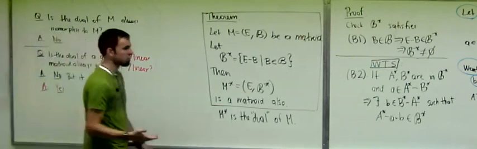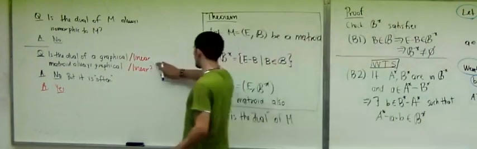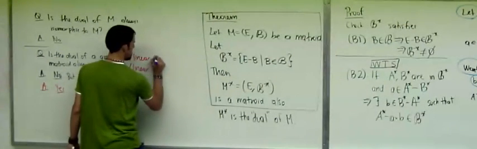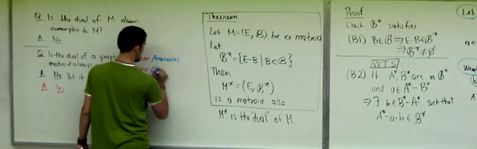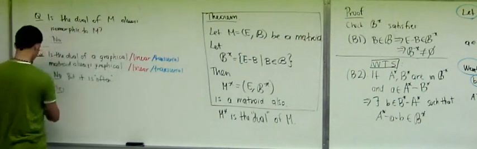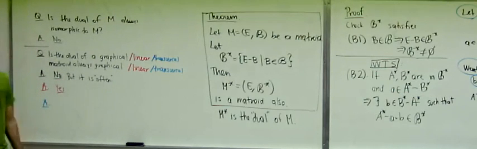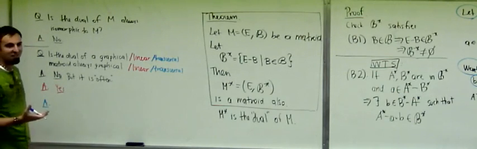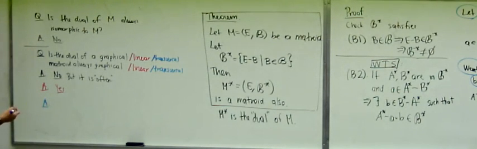So a third question you could ask, which is that, remember this matroid is also transversal. So what about that? Is the dual of a transversal matroid transversal? If I asked you to take a guess. Open problem?